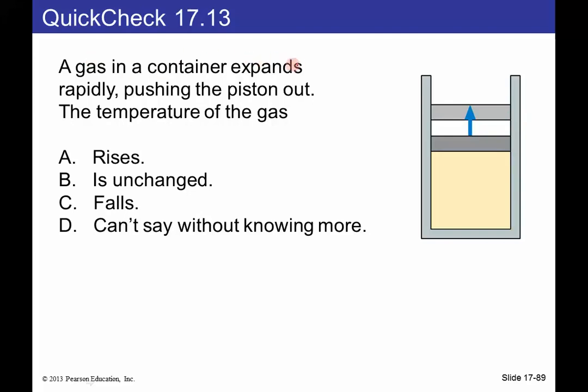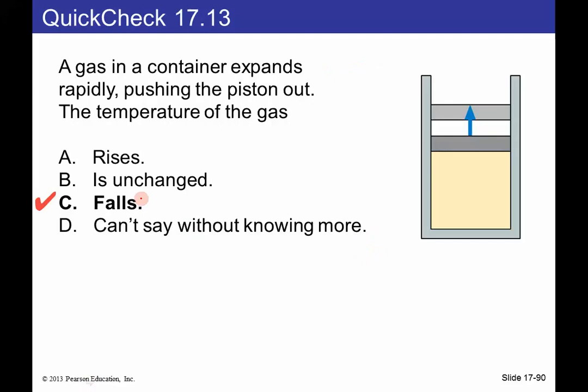A gas in a container expands rapidly, the same as expanding adiabatically, pushing the piston out. So the temperature of the gas as it does that rises, is unchanged, falls, or you cannot say anything. Take a minute to answer this question.